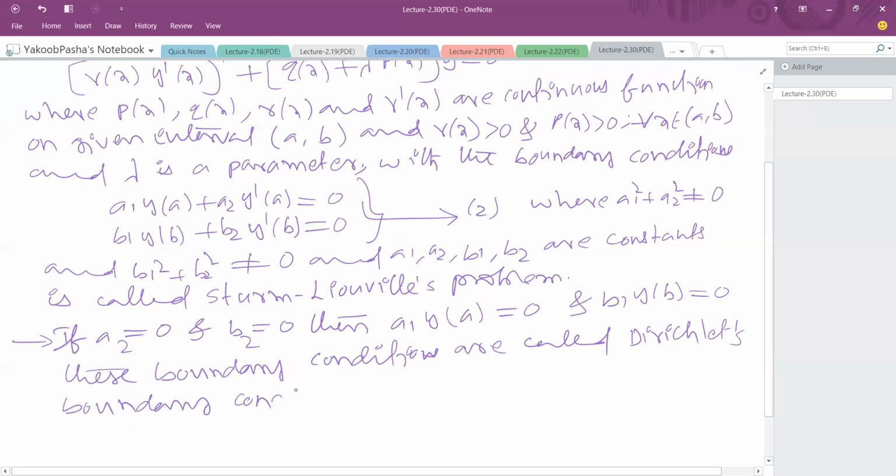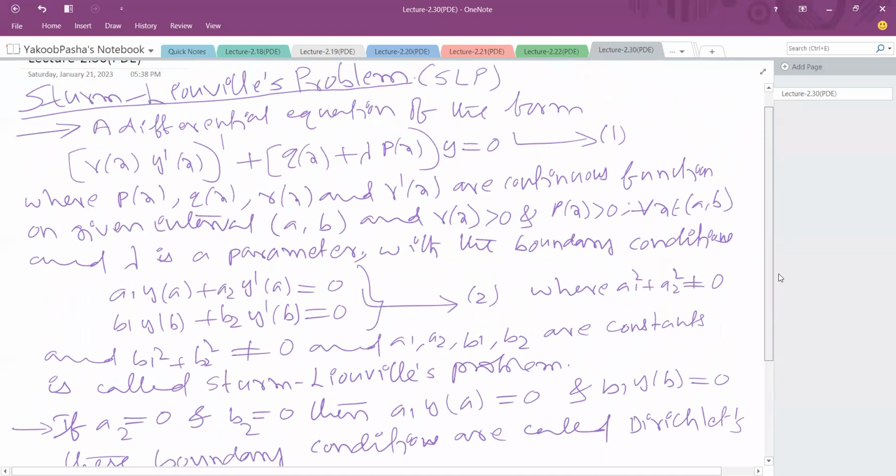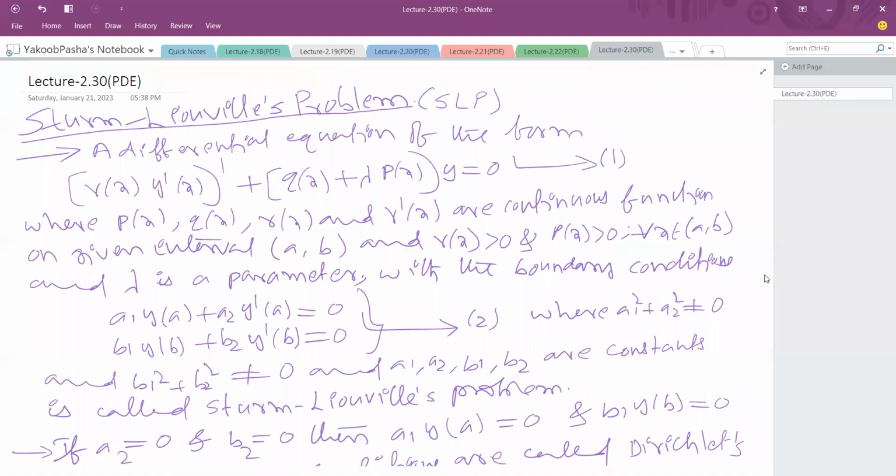In this case, this problem is called the Dirichlet boundary value problem. Actually, SLP is nothing but a two-point boundary value problem, with two points a and b. So it is also known as the Sturm-Liouville boundary value problem.